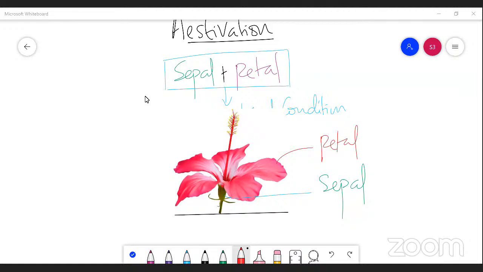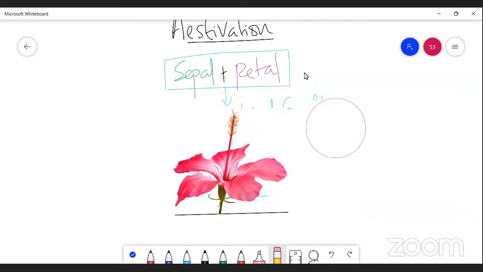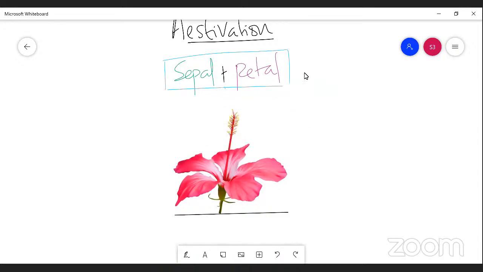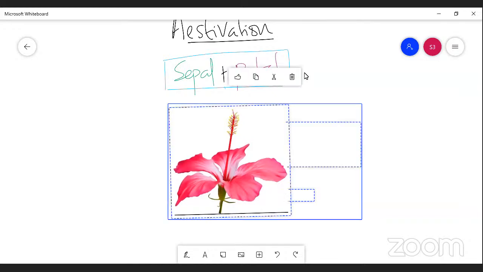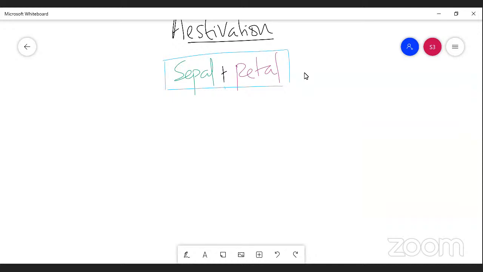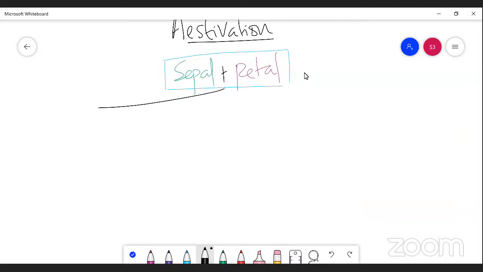Now aestivation is broadly divided into the following types. They are valvate, twisted and imbricate aestivation. The first type is valvate.